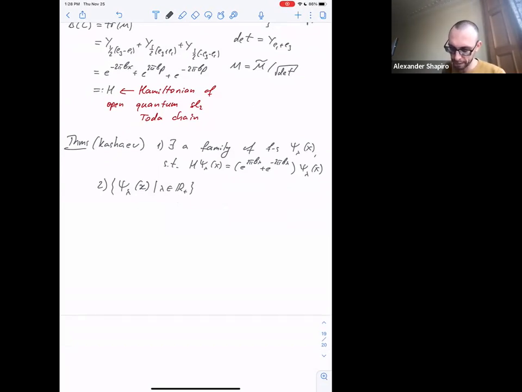So as you let lambda run over the positive part of R, and the positive part just comes from the fact that this is symmetric when you change lambda to minus lambda, this family of functions forms a complete and orthogonal system of eigenfunctions for the operator H.